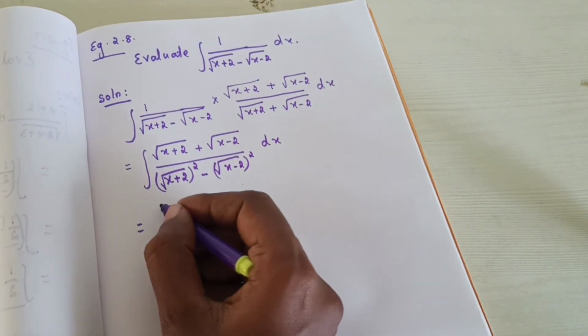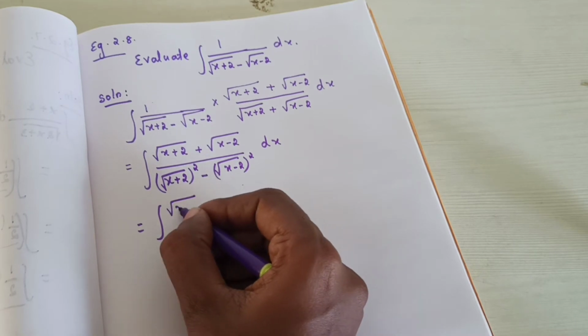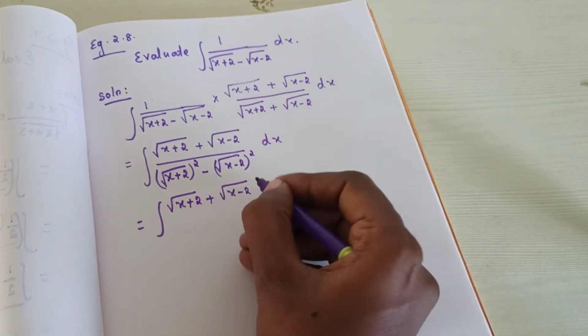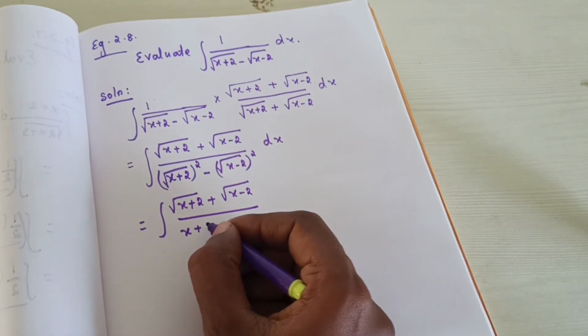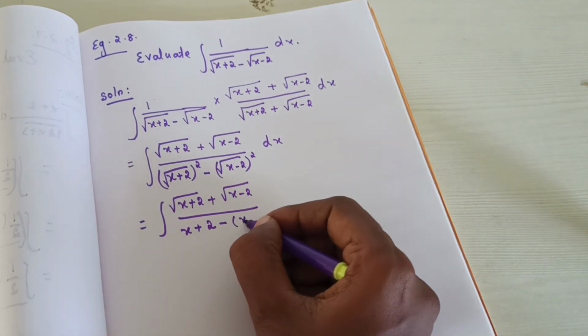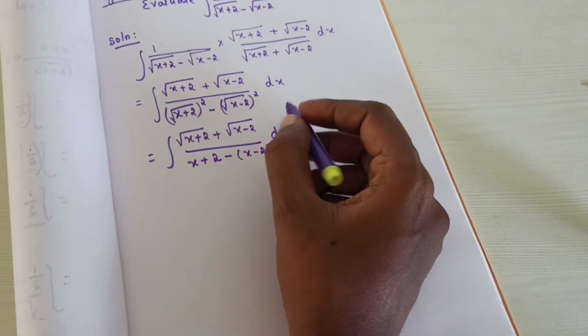That is equal to the integral of square root of x plus 2 plus square root of x minus 2. When you are simplifying, the square roots will go. So x plus 2 minus (x minus 2) dx. Have you got it? The square root will go.